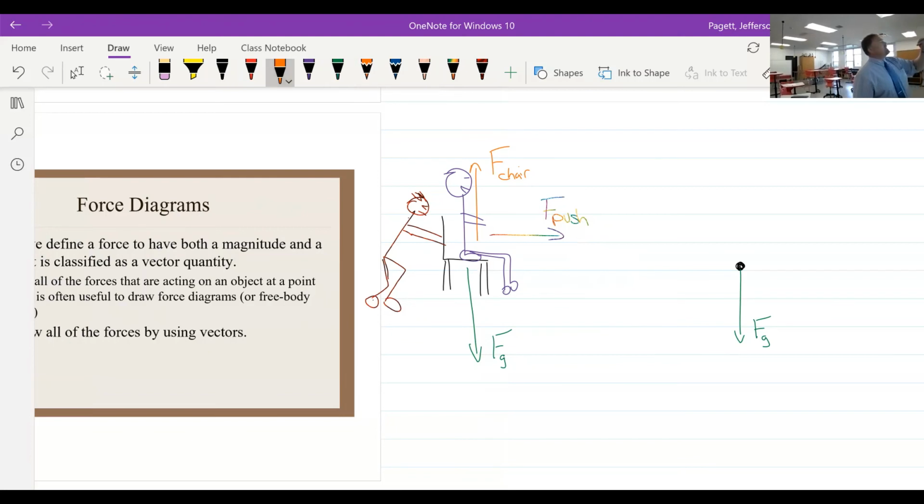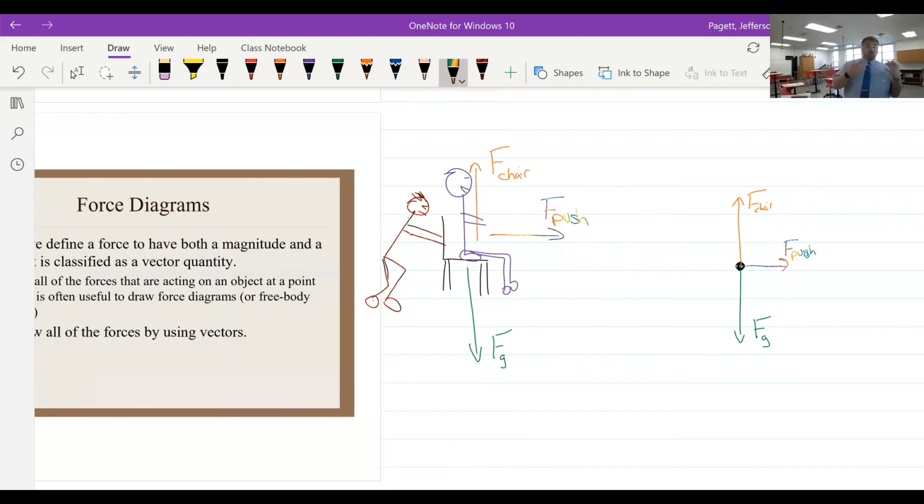Oops, wrong color. And here's my force due to the push. Now, this is the exact same thing as our other diagram. It's just now we don't have the drawing here. This is what's called a free body diagram. The other one's called a force diagram.